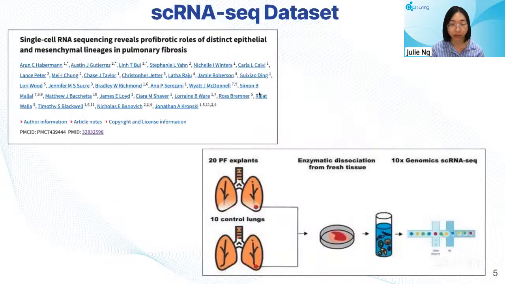To go over the data set that we'll be using in today's analysis, it comes from this paper: Single-cell RNA sequencing reveals profibrotic roles of distinct epithelial and mesenchymal lineages in pulmonary fibrosis. Here, the authors took samples from pulmonary fibrosis patients and also from control lungs, and then performed single-cell RNA sequencing.